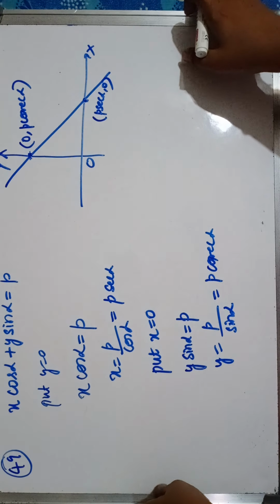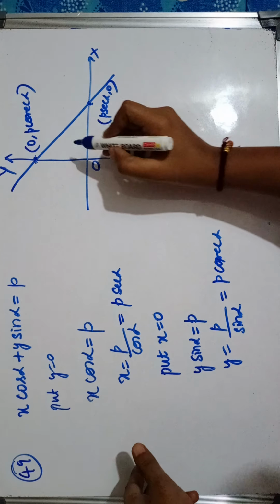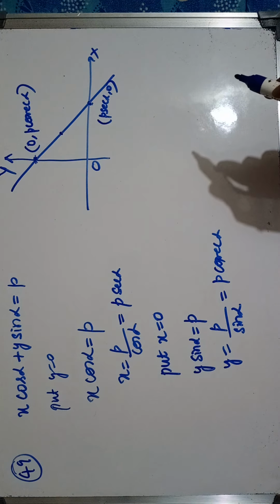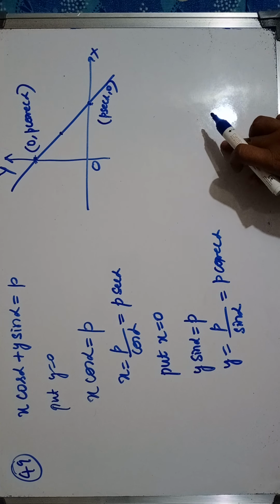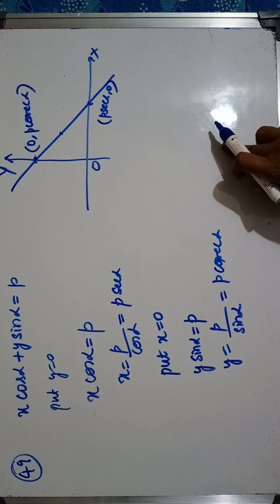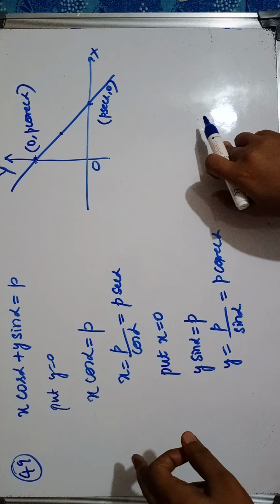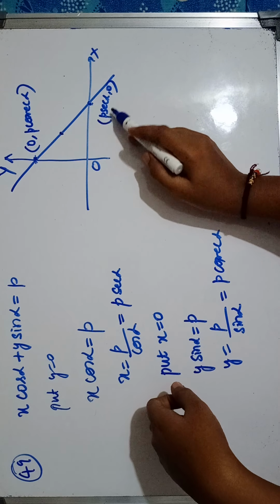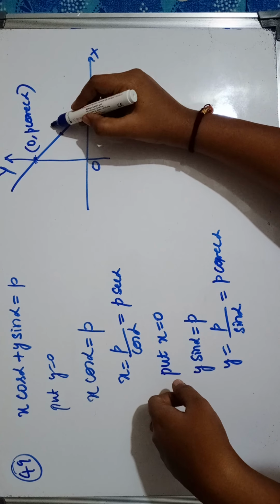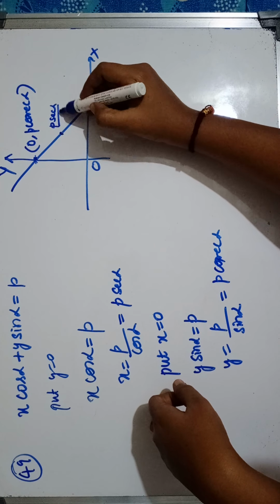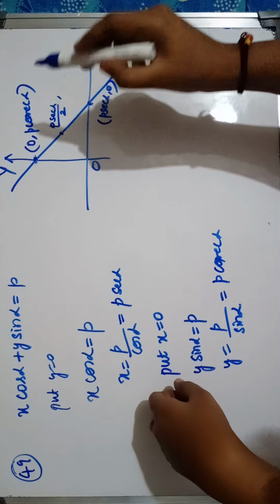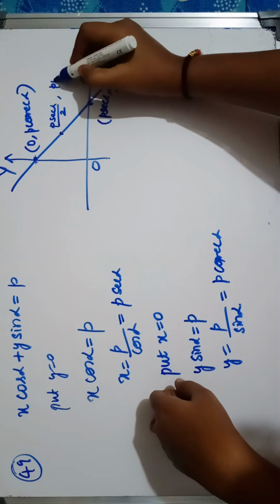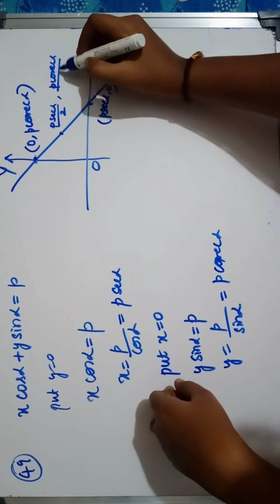Okay, so now let me find out the midpoint of this line. The midpoint formula is x1 plus x2 by 2 comma y1 plus y2 by 2. By using that, the coordinates of the midpoint will be 0 plus p secant alpha by 2, that is p secant alpha by 2, comma p cosecant alpha plus 0 by 2, that is p cosecant alpha by 2.